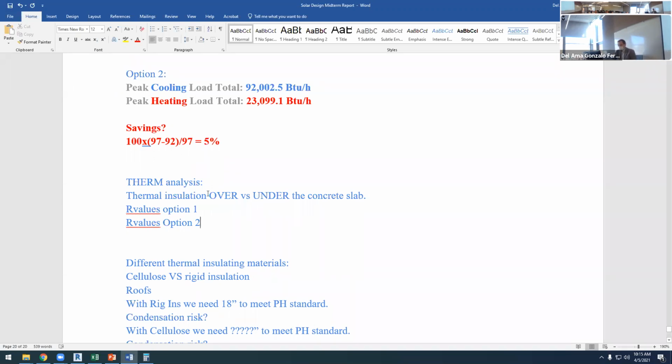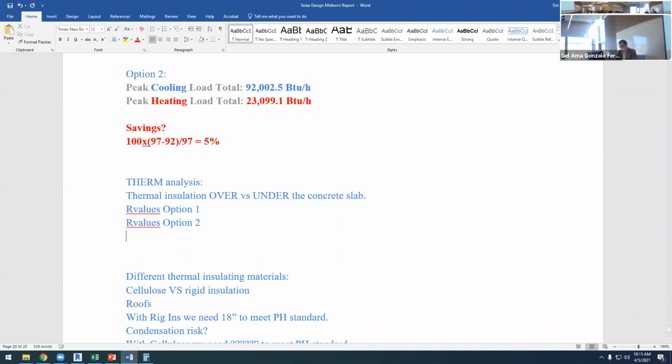Okay, so first, which option is the best? I think, well, whatever. Second, how much? So that's the difference, and we have to look at the R value. And then savings. Okay, so here savings are 5%.